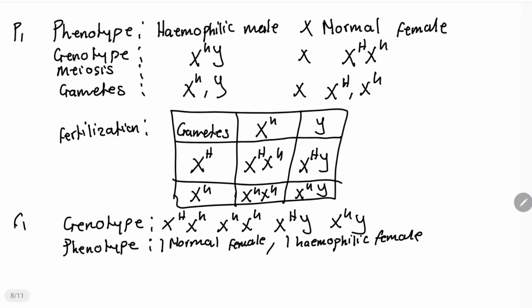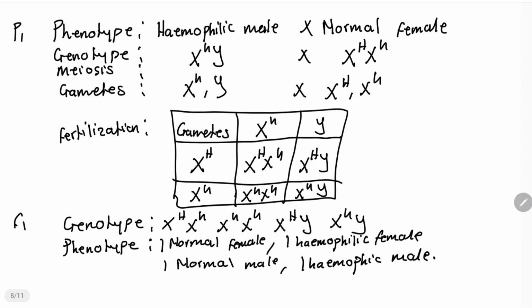And then coming to this one now, one normal male, and then finally one hemophilic male. And that is our genetic cross.